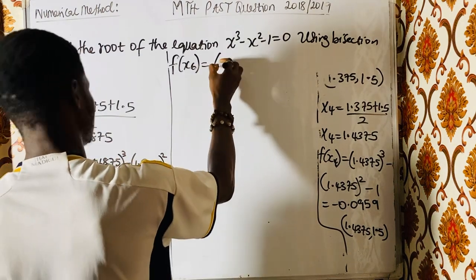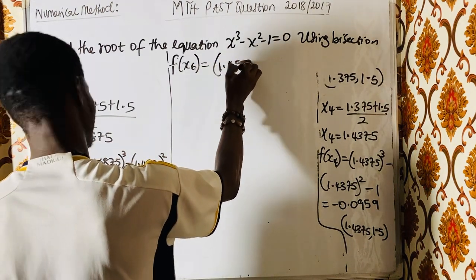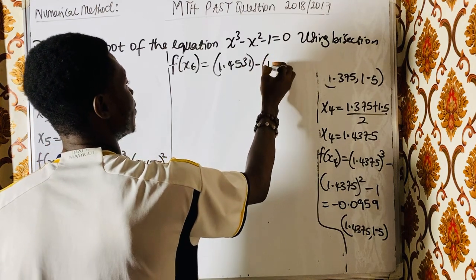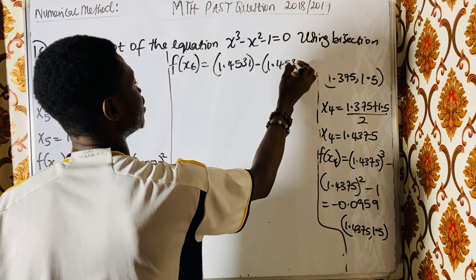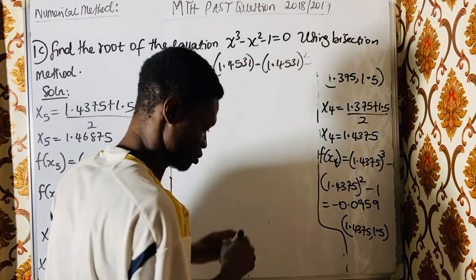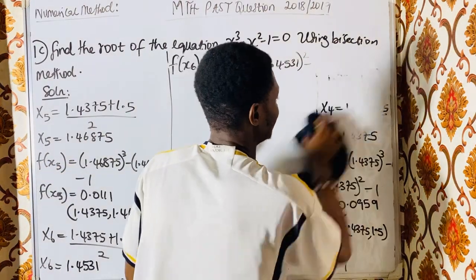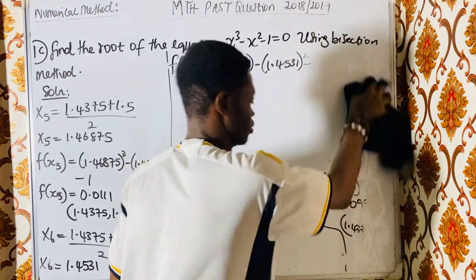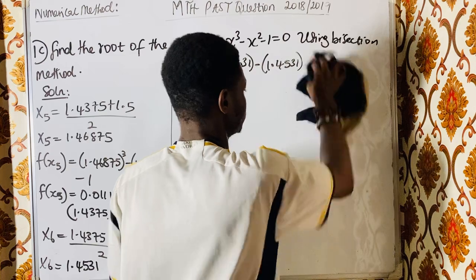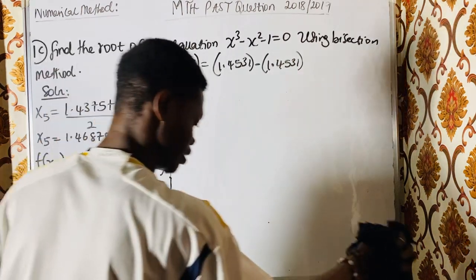Put this thing here. 1.4531 cubed, then minus 1.4531 squared minus 1.